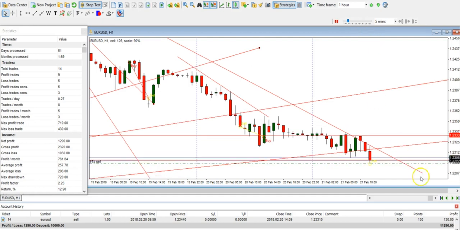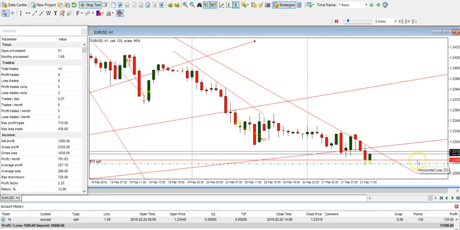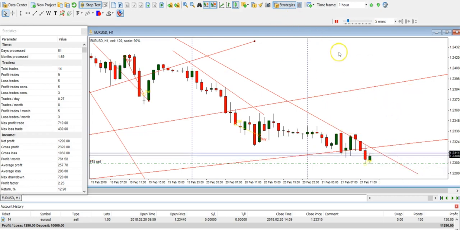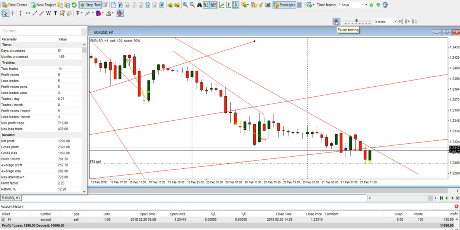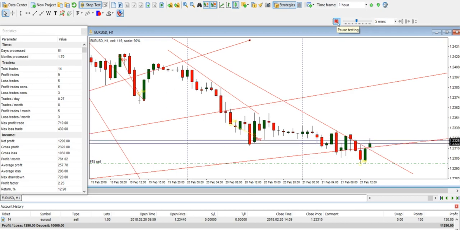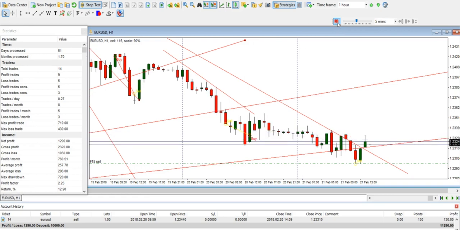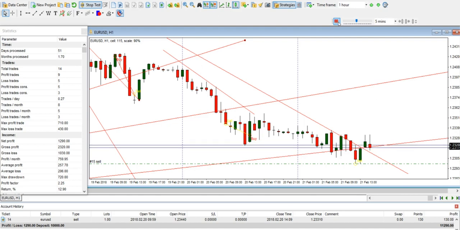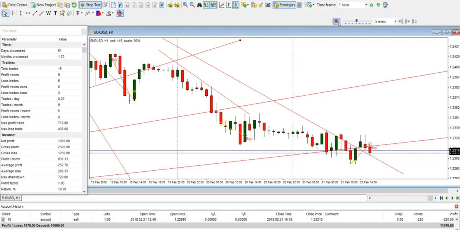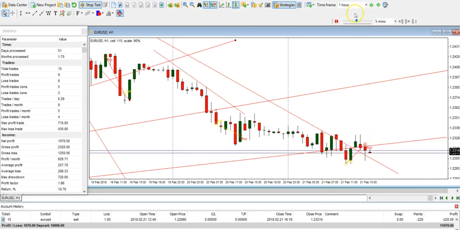So we've got a sell signal, and around the close of the day, and move on. It's just one of those days.